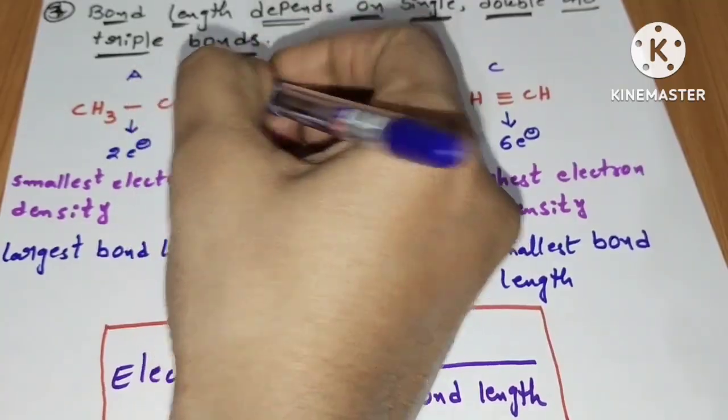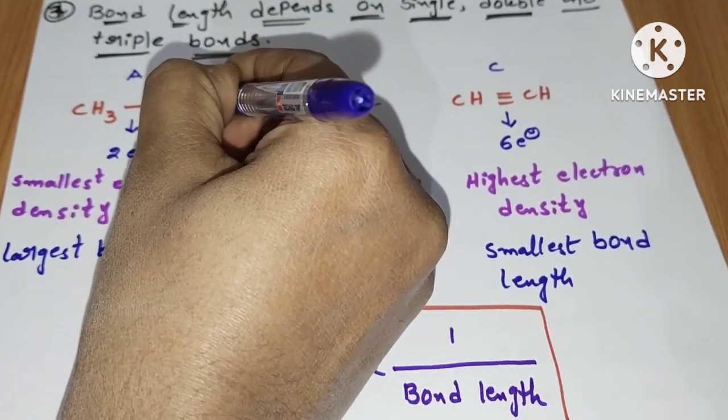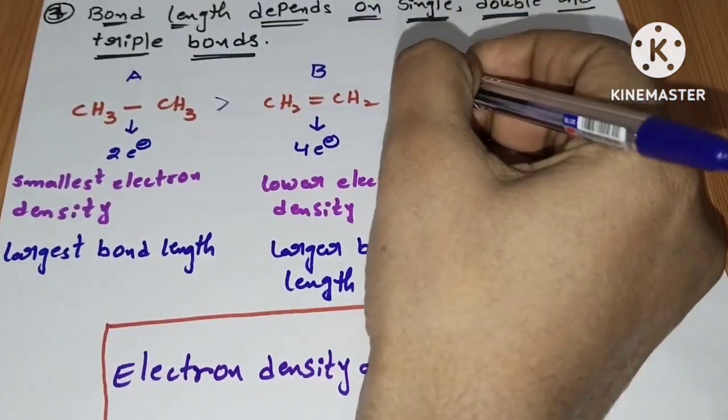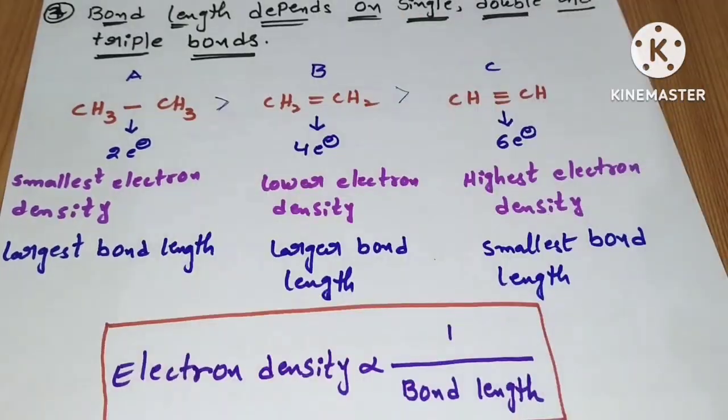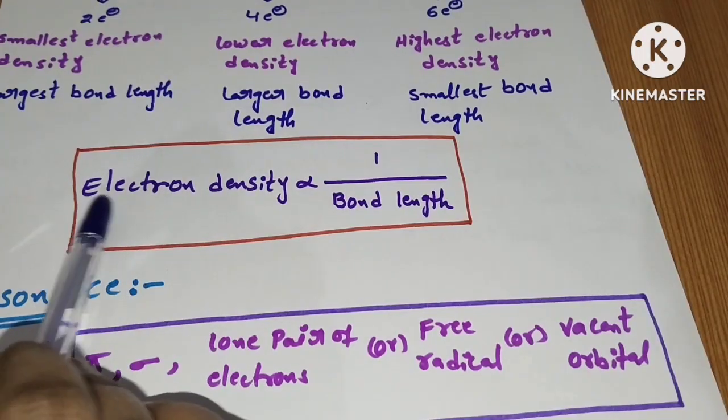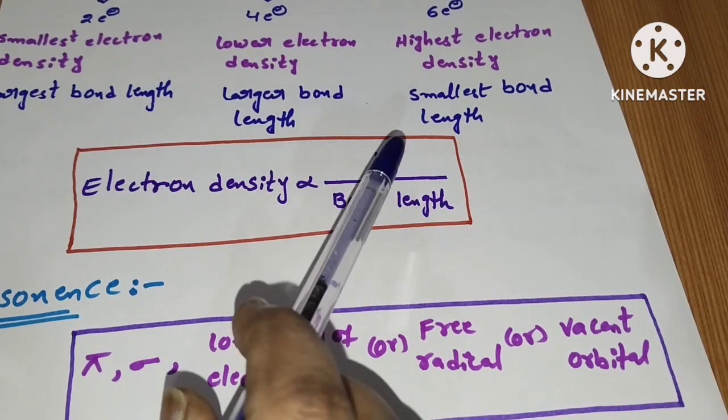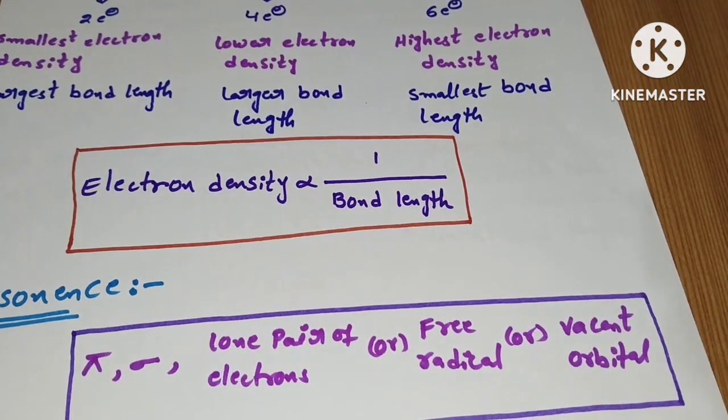Hence, A has greater bond length than B. B has greater bond length than C. So, electron density is inversely proportional to bond length.